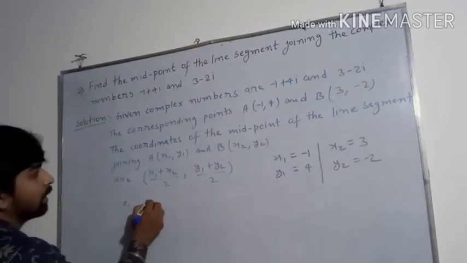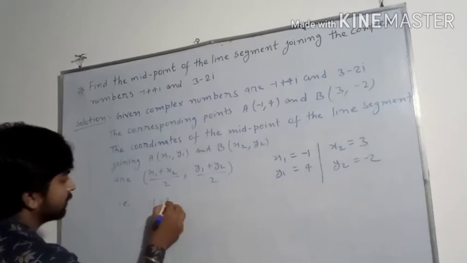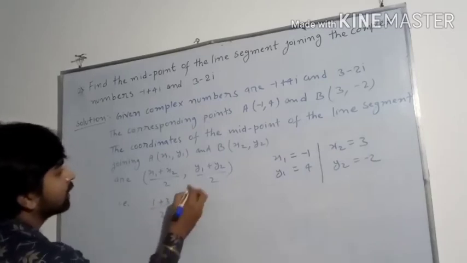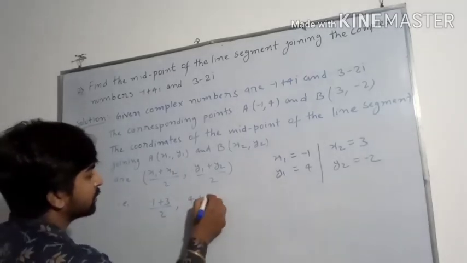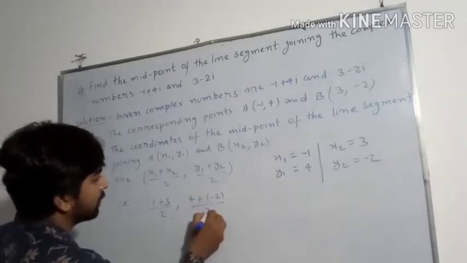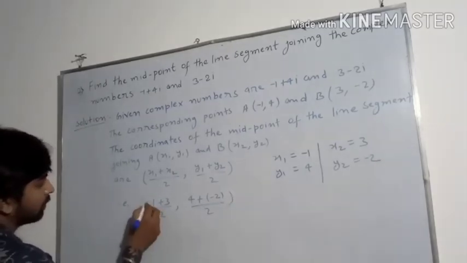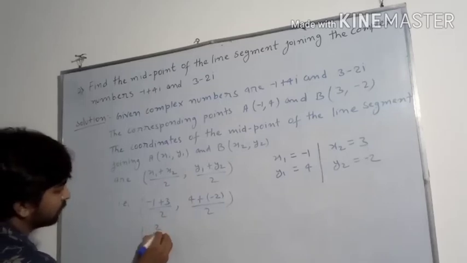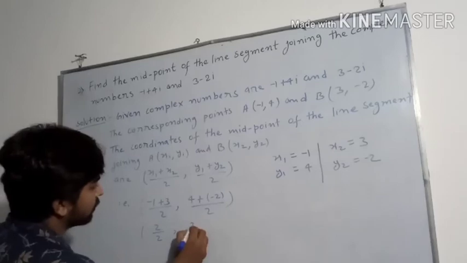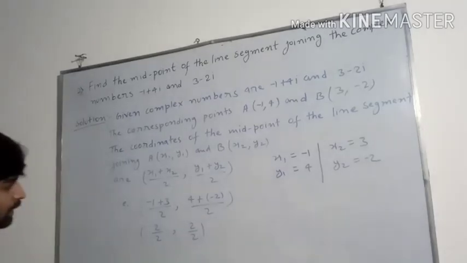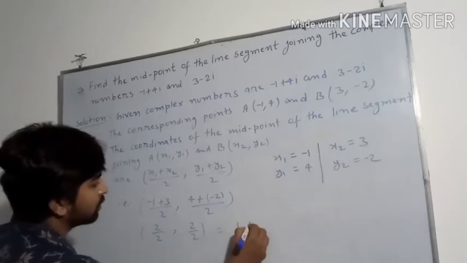So (minus 1 plus 3) by 2, comma, (4 minus 2) upon 2. Minus 1 plus 3 equals 2 upon 2, 4 minus 2 is 2 upon 2, and this equals 1 and 1.